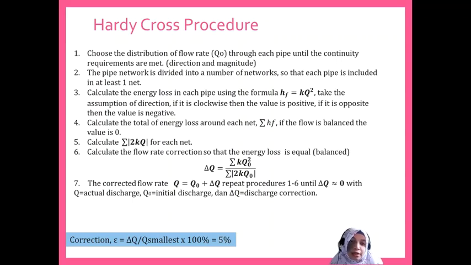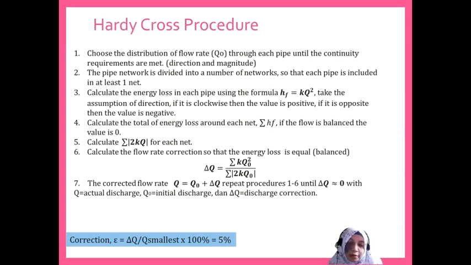Number 4, calculate the total of energy loss around each network, sigma HF. If the flow is balanced, the value is 0. So you can calculate the sigma of HF in every network, it is 0, because Q in equals Q out.